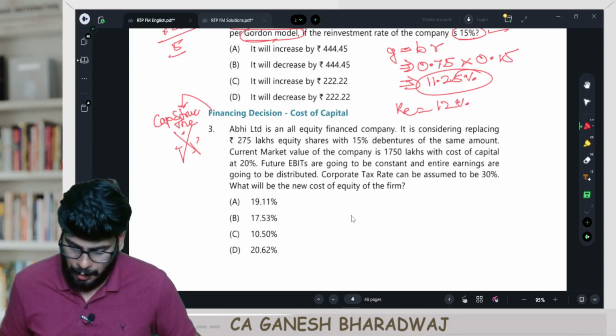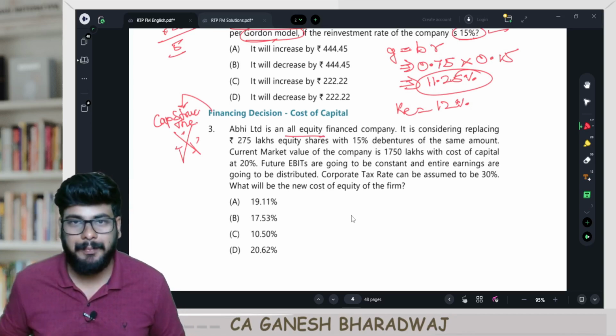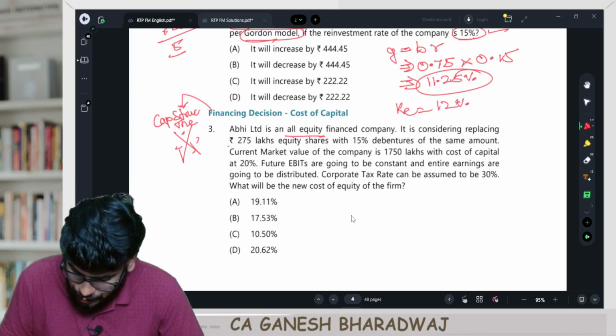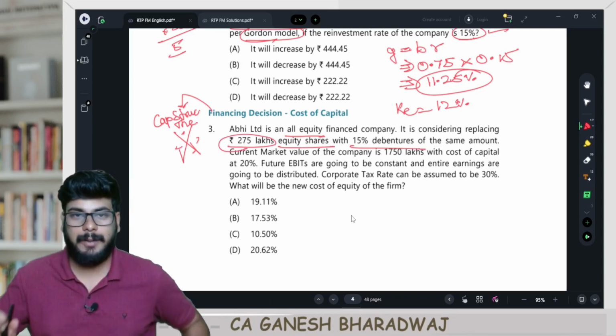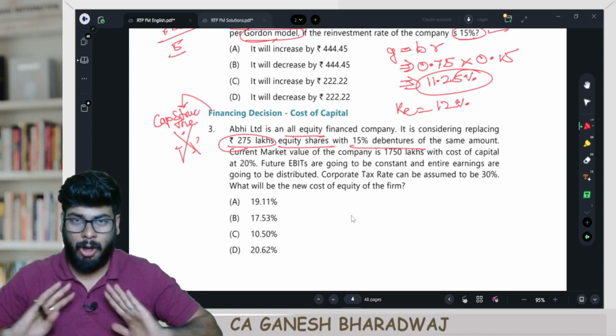Now, Abhi Limited is an all equity financed company, right? It is considering to replace rupees 275 lakh worth of equity shares with 15% debenture. What they are saying is, currently the company is an unlevered entity, fully all equity.